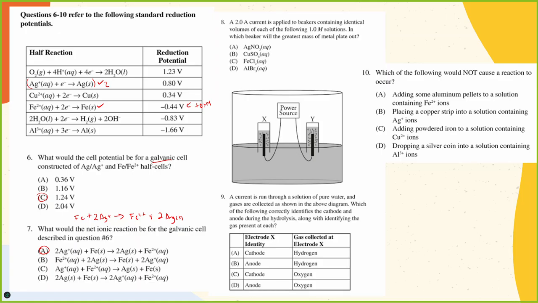All right, so for the silver one, silver reduction is 0.8. The water reduction would be negative 0.83. This one wouldn't plate here because it's a positive E cell.